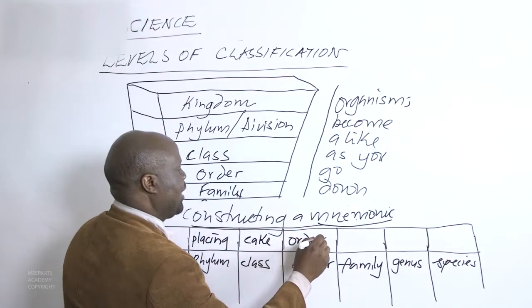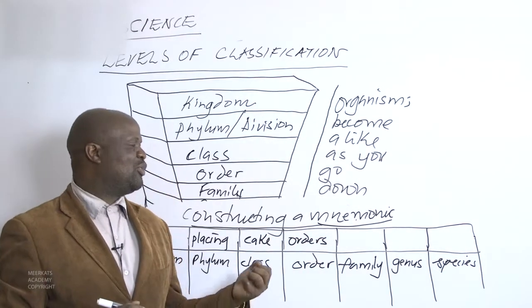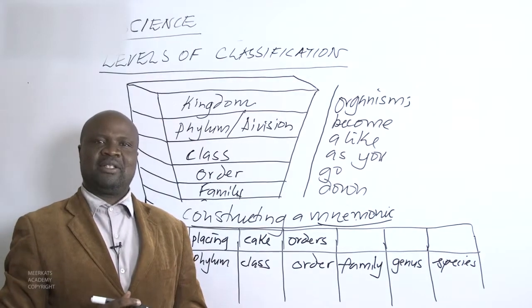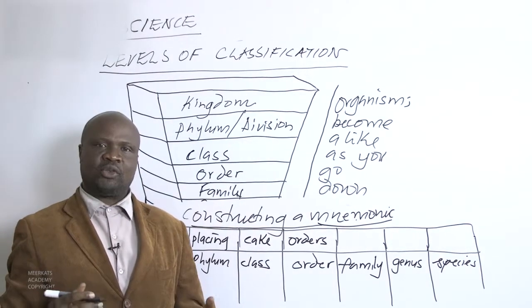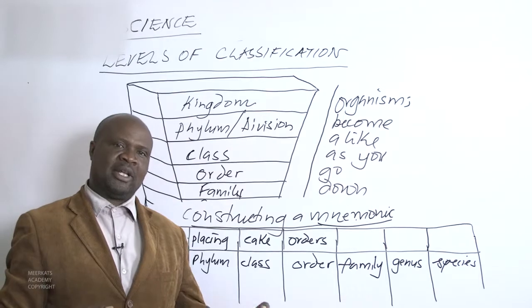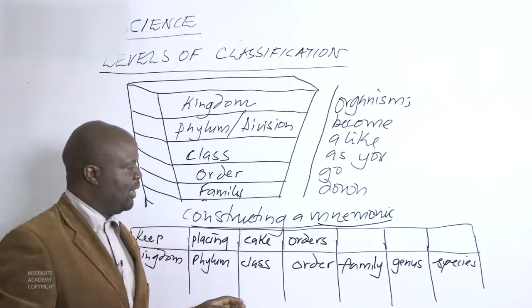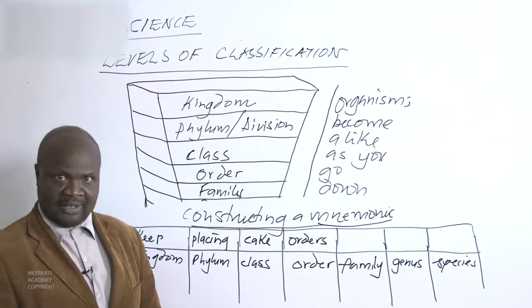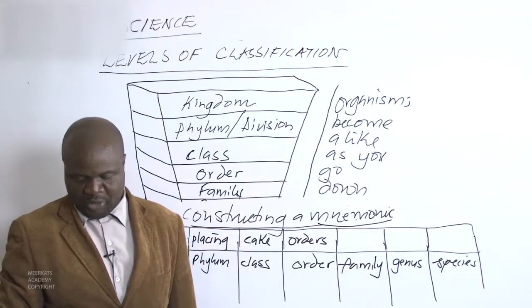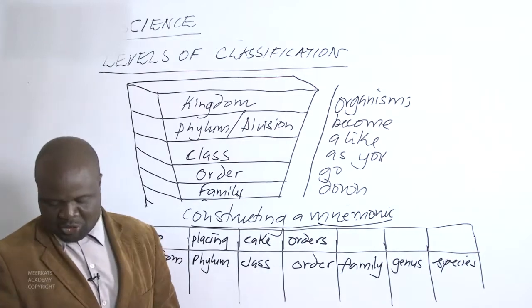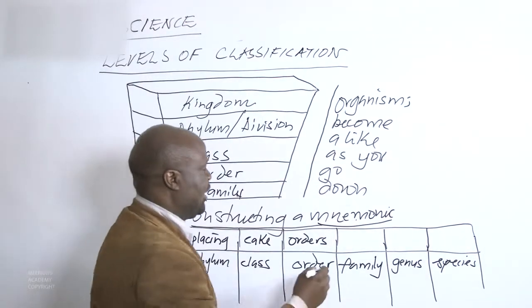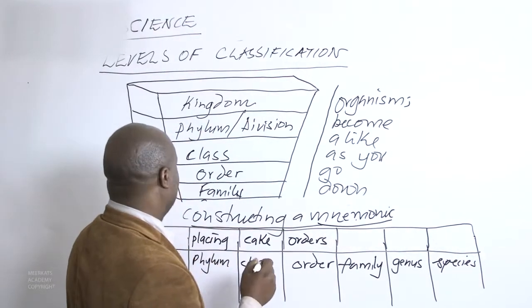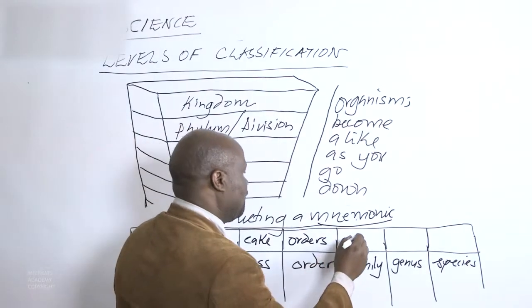You will find that you are constructing a sentence that is logical, and it will be easier for you. As long as you remember that sentence, then you can come up and write all the levels that you wanted to classify that particular organism into. So from the word family, you will pick letter F. So you will say keep placing cake orders for.